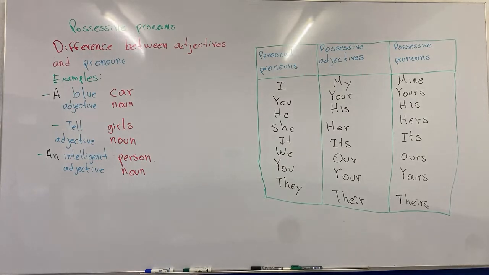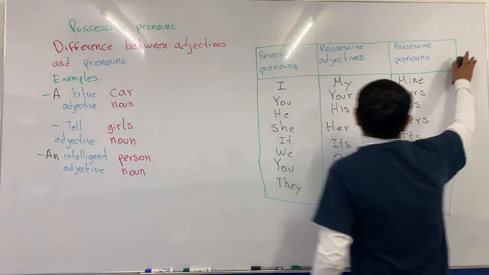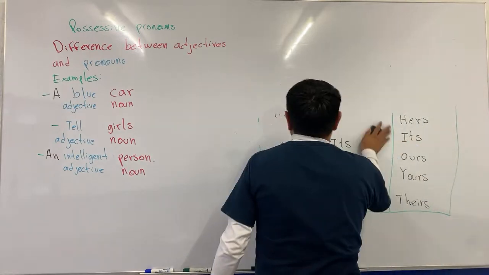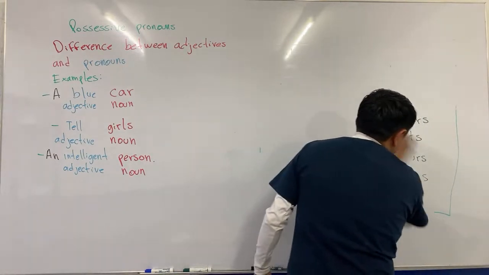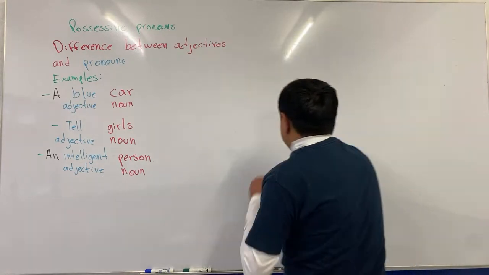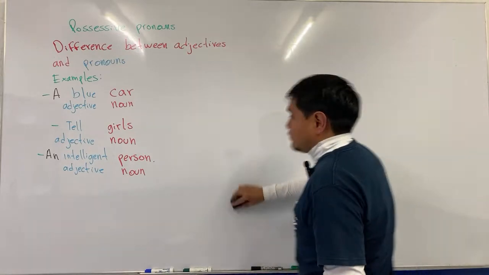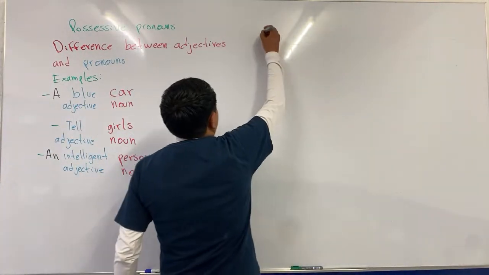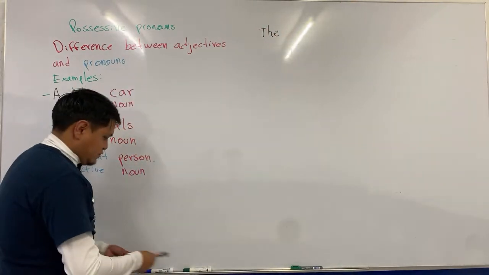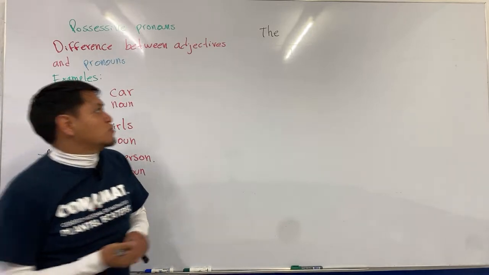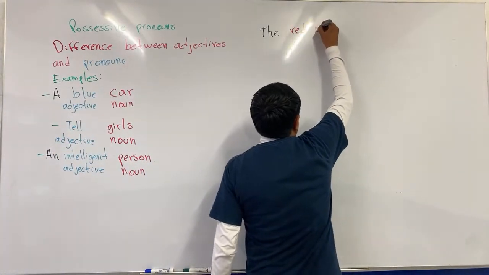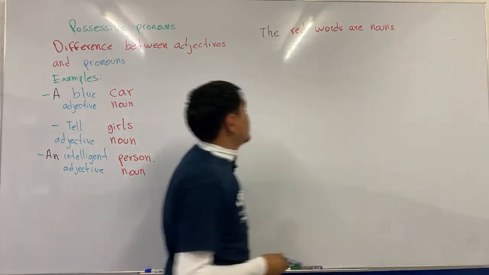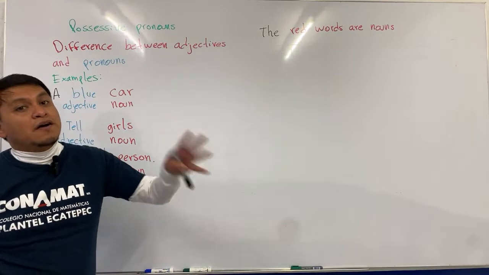Instruction. The red words are nouns, right? With red. And the blue words are the pronouns.